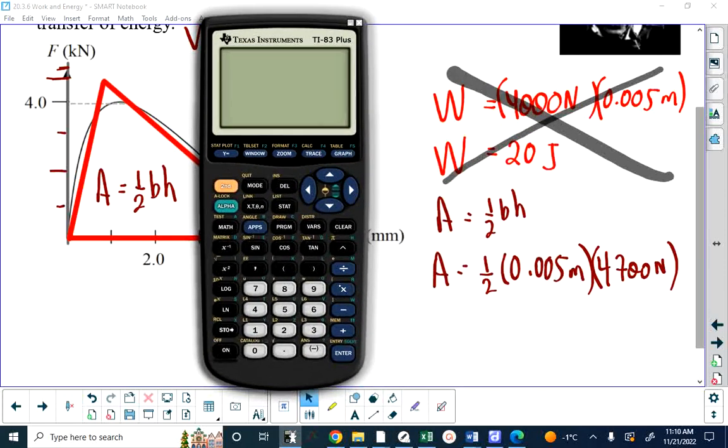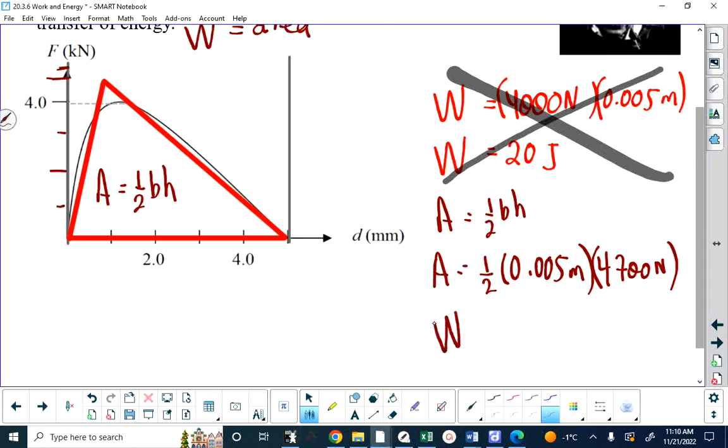So 0.5 times 0.005 times the 4,700. About 11.75. And that would be in joules. So the work done is, let's just say, 12 joules.